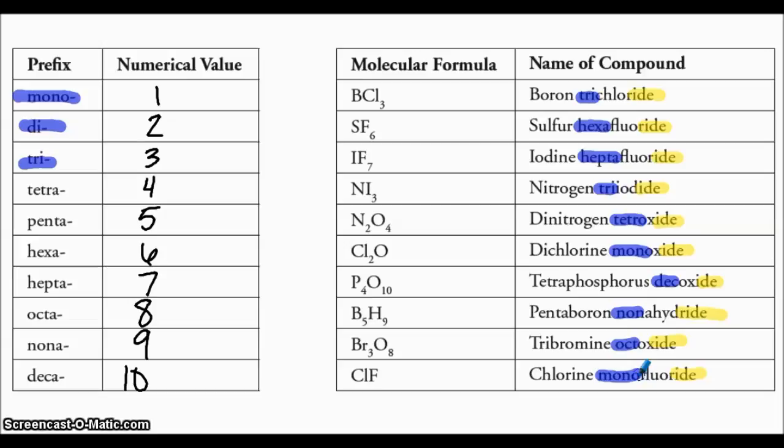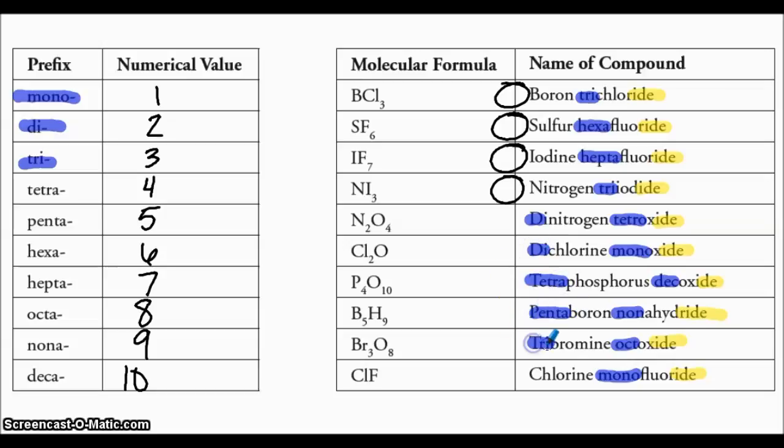Now let's look at the first atom in the compound. We have boron, and that one doesn't have a prefix. Missing prefix on the next one is just sulfur, iodine as well, nitrogen as well. But then if we keep going, we see that we have dinitrogen, dichlorine, tetraphosphorus.